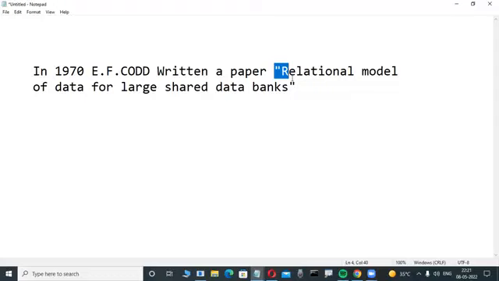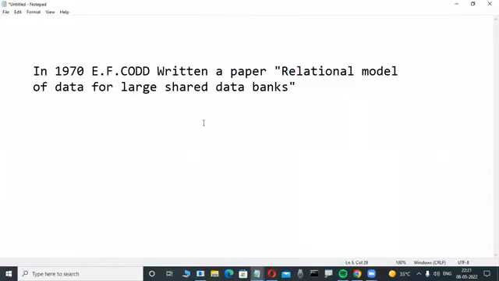He wrote all this in 1970. But not only that: to operate databases, a language is required. In the olden days, IMS and IDMS were operated with a very difficult procedural language, the COBOL language.